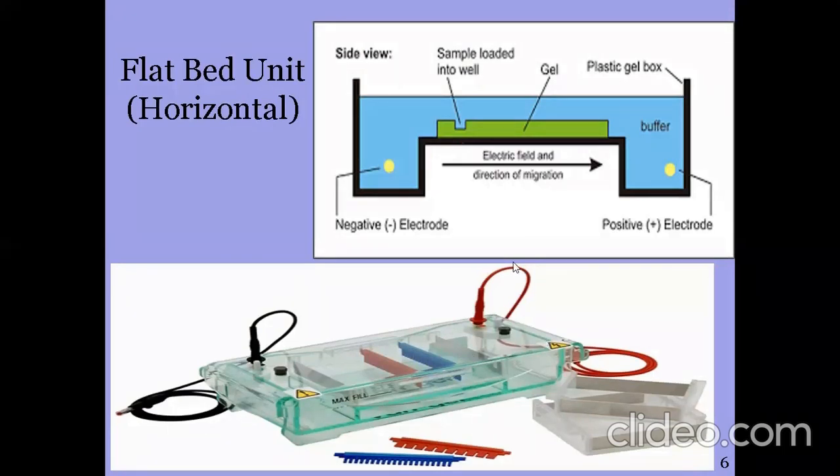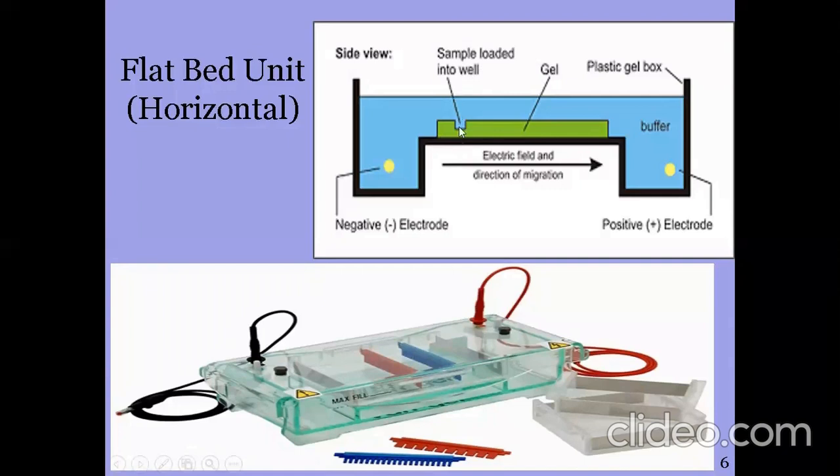In the horizontal type, usually DNA and RNA are run, and you can see the positive electrode and the negative electrode, and the buffer solution, shown in blue, and the tank in black. The direction of migration in the electric field will be from negative to positive. As DNA is negatively charged, it will move toward the positive electrode, in this direction.